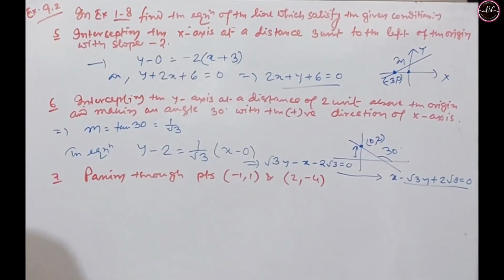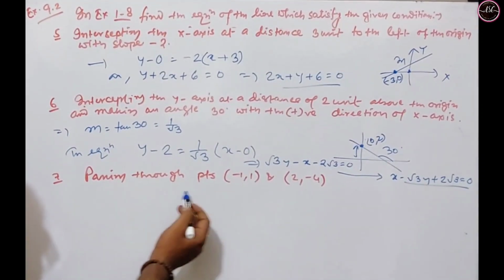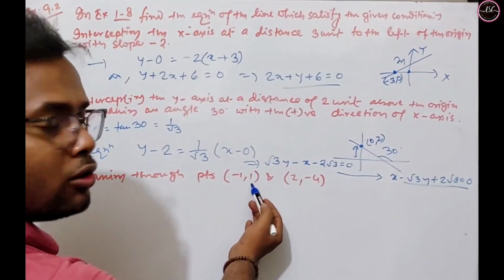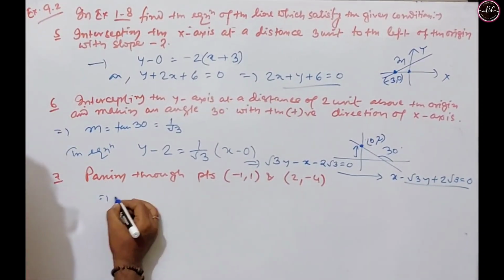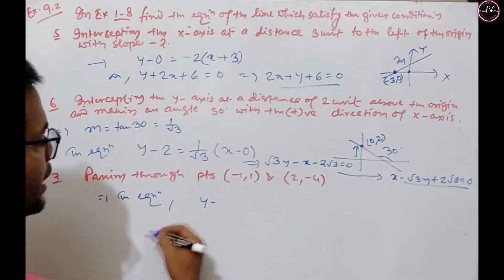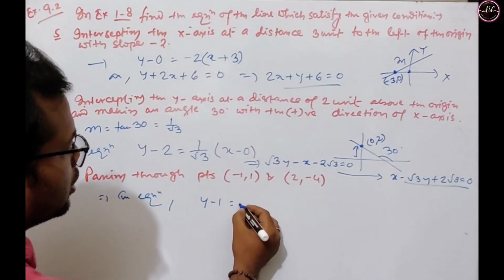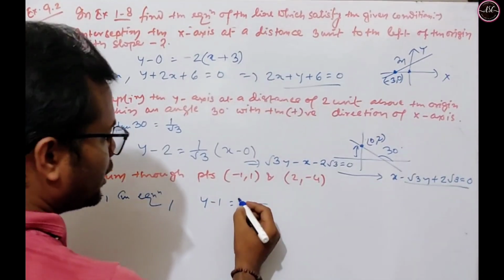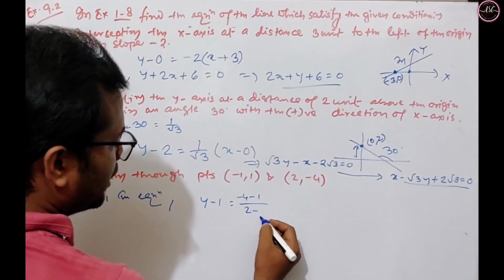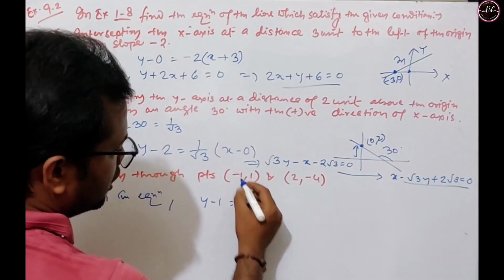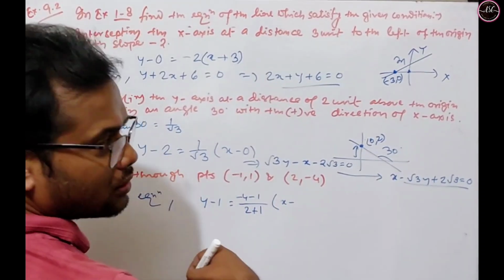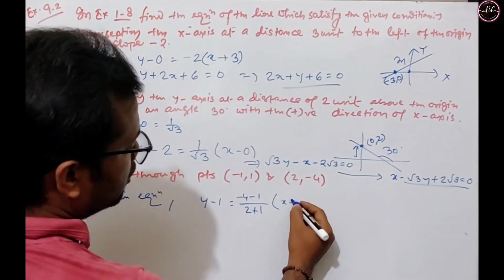Now look at this question, passing through points (-1, 1) and (2, -4). So this is x1, y1, this is x2, y2. So the equation will be y minus y1, that is 1, equal to (y2 minus y1) divided by (x2 minus x1), that means (minus 4 minus 1) divided by (2 plus 1), into x minus x1, that means minus 1 will be plus 1.